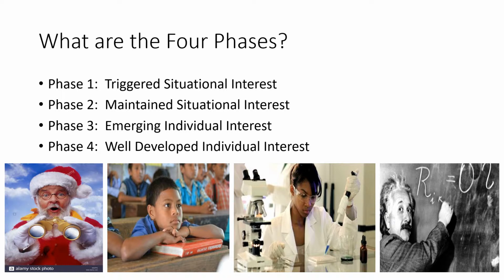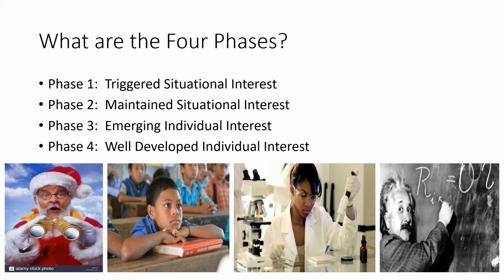And real quickly, phase one is triggered situational interest: asking probing questions, being inquisitive, what do you like, what are you interested in, and providing support externally to see what exactly it is that this person is looking for. Once you find that, you want to basically dig a little gold for that.